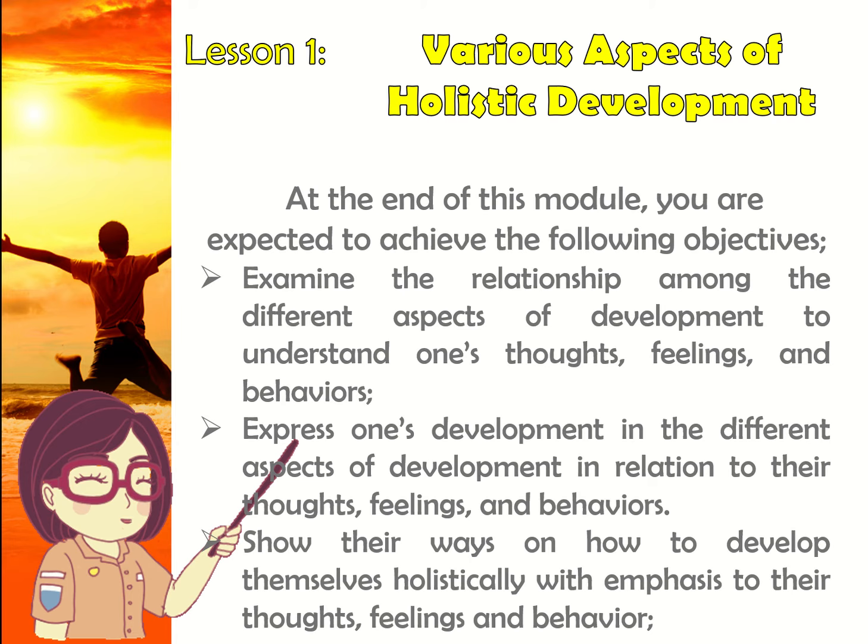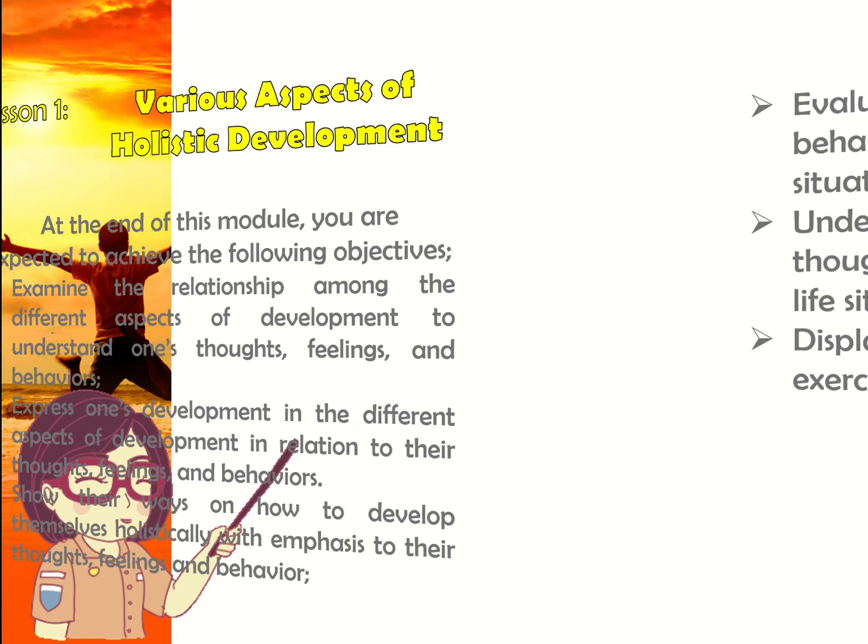Second is to express one's development in the different aspects of development in relation to their thoughts, feelings, and behaviors again. And of course, you have to show ways and how to develop themselves holistically with emphasis on their thoughts, feelings, and behaviors.